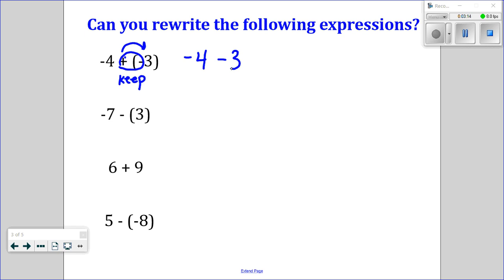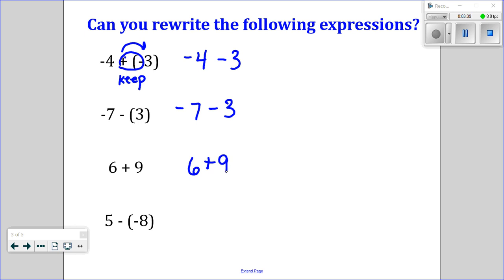In the second one, there are not two symbols next to each other. So I know that I do not have to resolve any conflict. Negative 7 minus 3. I can take the parentheses away and rewrite it like that. Again, 6 plus 9. There are not two symbols next to each other, so that can stay exactly the same.